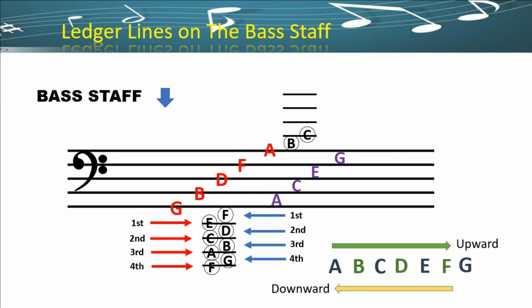Because it's the first ledger line above the bass staff and the first ledger line below the treble staff, they are both C, and they are the same, and that is where we find our middle C. So now let's continue.